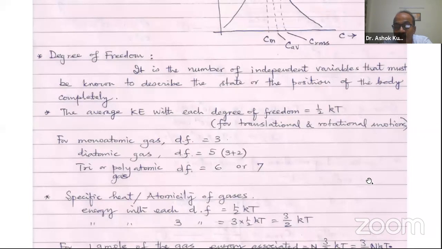Generally, 2 atoms are equal and one atom is different. In such a case, the moment of inertia along the 3rd axis, which we assumed parallel to the plane of the screen, is not negligible. It has a finite value of moment of inertia, and therefore energy also, and we have 6 degrees of freedom.